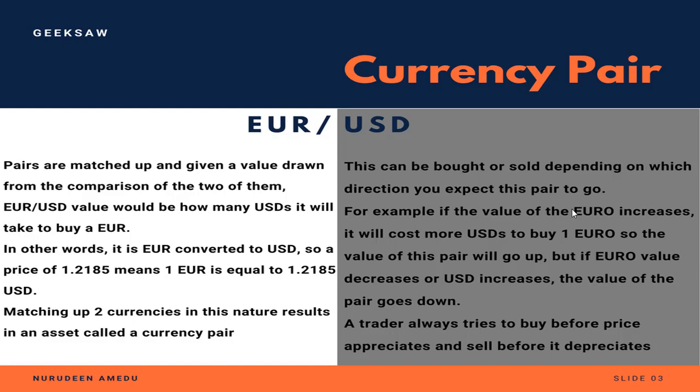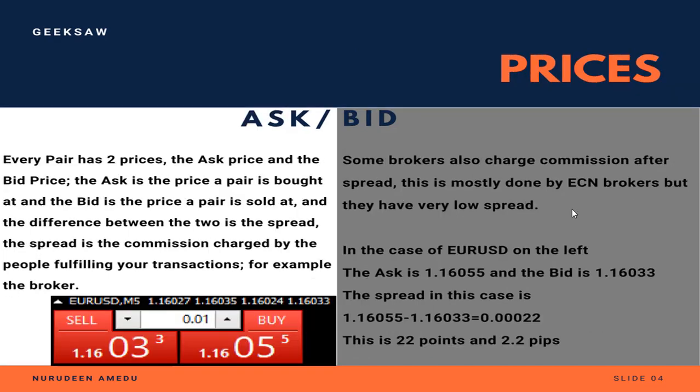So if euro used to be 1.2185 USD to 1 euro, it's about to become 1.3 or 1.4, which means the value of the Euro USD is going up. But if you watch the news and it was negative for the euro and positive for the USD, then you have to sell the Euro USD because the USD value is going up and the euro value is falling.